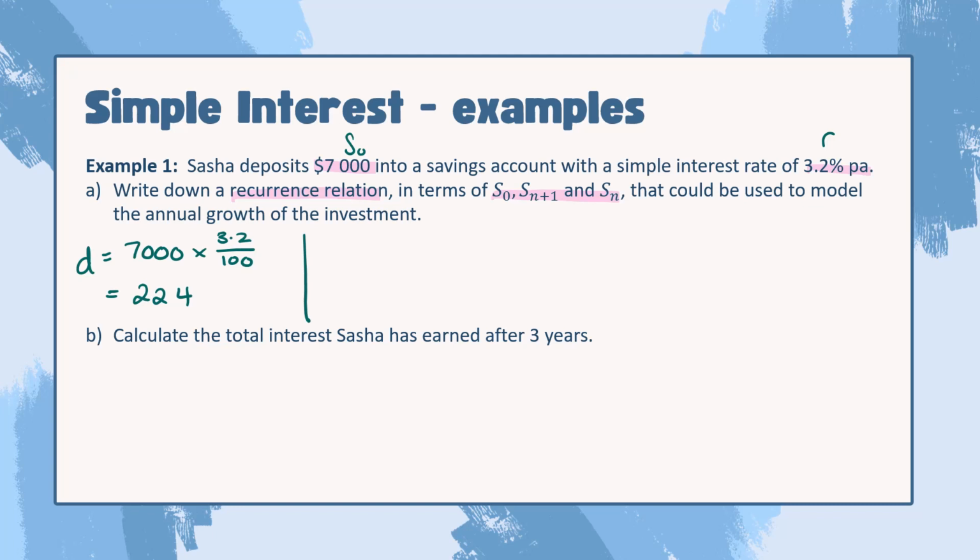We now put that together in our rule. So S0 is 7,000, Sn plus 1, is the current Sn, plus 224.